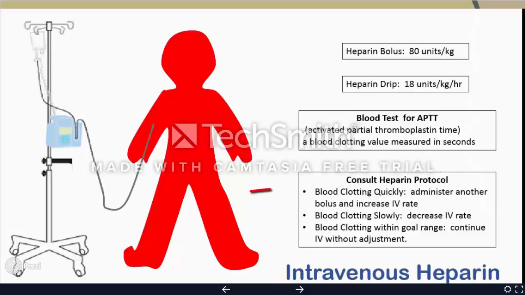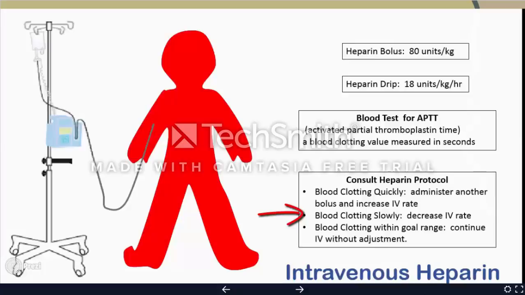If we find that the blood is clotting quickly, we may need to administer another bolus, or we may need to increase the IV rate, or both. If the blood is clotting too slowly, we may need to decrease the IV rate.